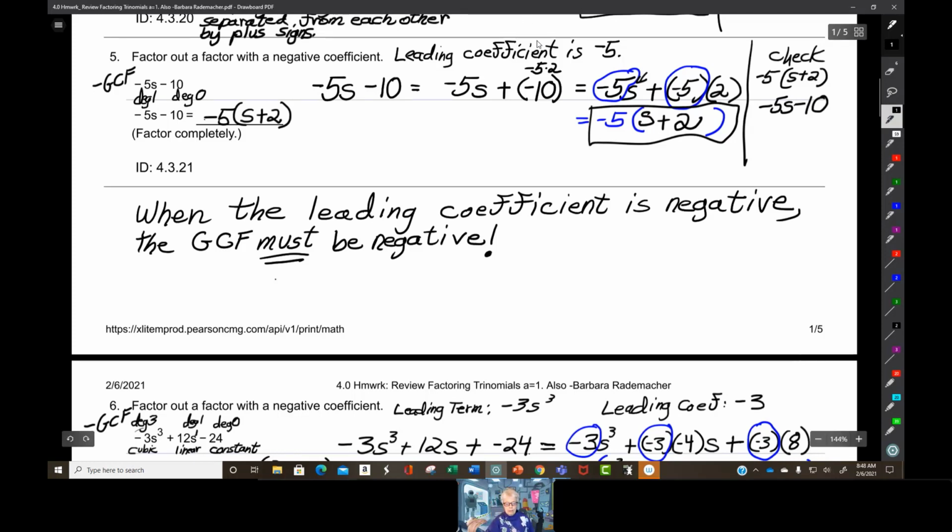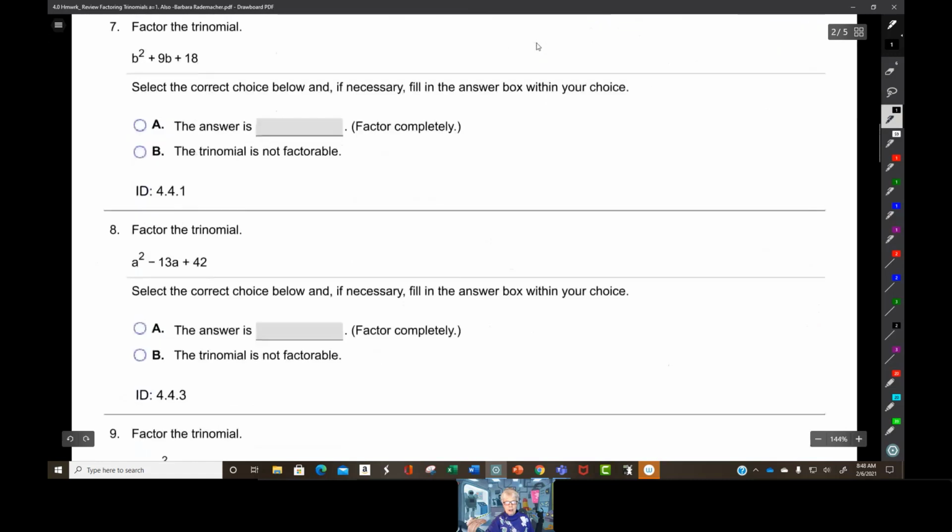Now, we're going to an entirely different method. Not that GCFs aren't important, and they will keep popping up a lot of the time.